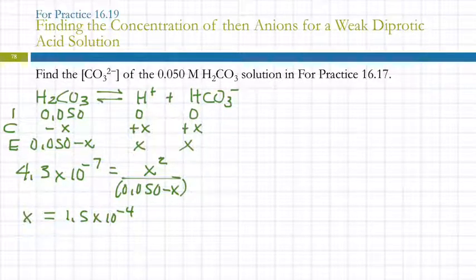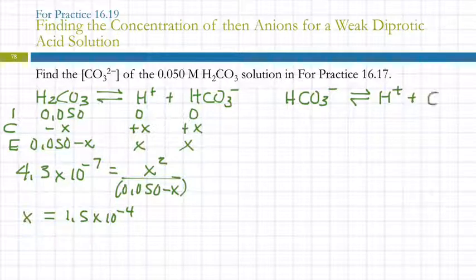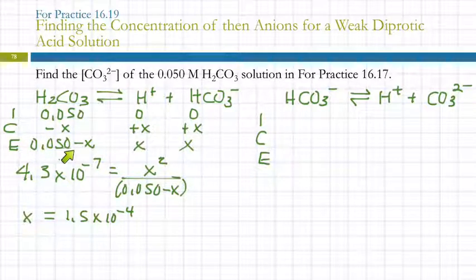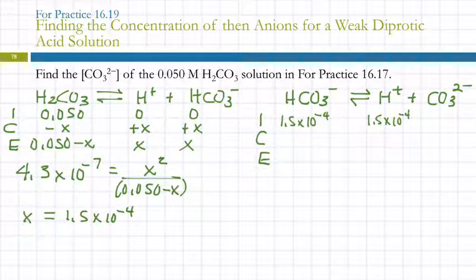We're trying to find the carbonate ion concentration. So now we'll take that hydrogen carbonate and have that ionize and do another ICE table for this one. We have now figured out what the equilibrium concentrations are from the first ionization. This one isn't showing up, so we're going to ignore that one, but these are both X. And so we got 1.5 times 10 to the minus 4 and 1.5 times 10 to the minus 4 and the 0.